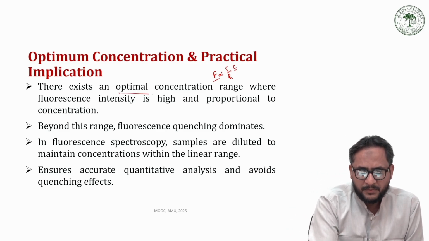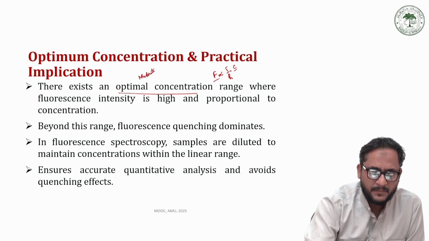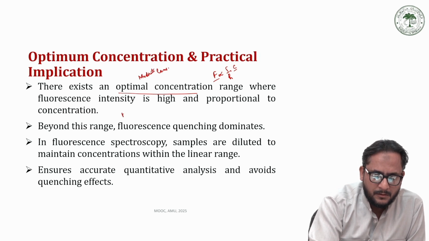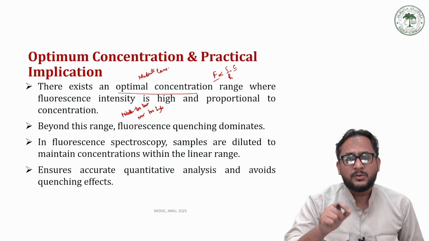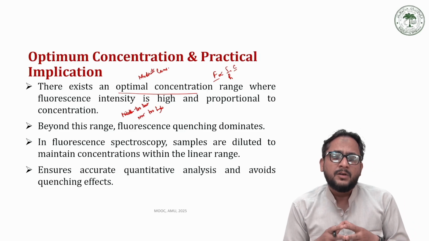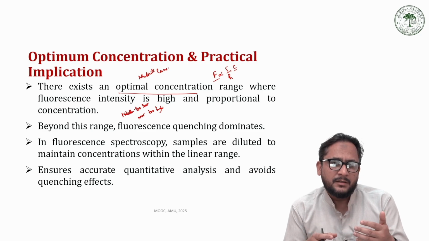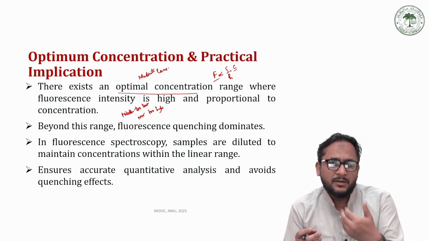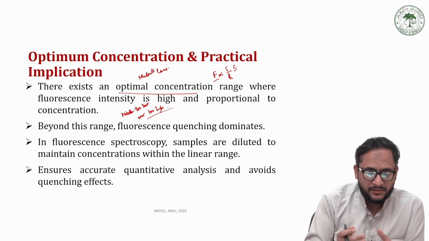So it should always be an optimal concentration, a moderate value of the concentration, neither too low nor too high, because at too low concentration the phenomenon of fluorescence would be hardly observed, because there will be very few molecules to interact with the light, means fewer molecules to absorb that light, causing excitation of electrons, while at high concentration there are various other effects causing deviation.